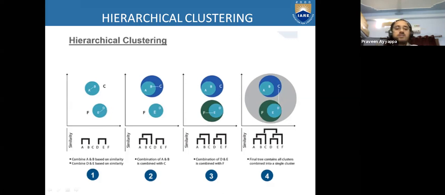And the next step in the process of forming the cluster, the combination of A and B is combined with C. So A and B are combined with C, where these three things have come into one cluster, A, B, and C now. But even though they have come under one cluster, A and B is a separate cluster once again inside.